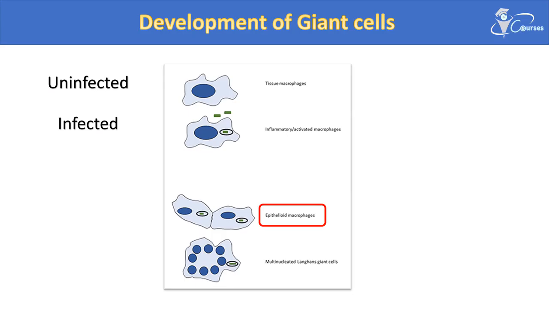So we call them epithelioid macrophages or epithelioid cells. When these epithelioid cells fuse together, they form the multinucleated giant cells. So multinucleated giant cells are formed by fusion of epithelioid cells, and epithelioid cells are formed by activated macrophages.